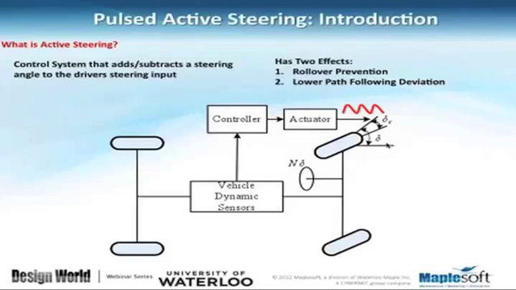With active steering, what we do is change the input of the driver by adding or subtracting some angles from the input of the driver in order to have better yaw control of a vehicle. Now, what we have done was, instead of changing that continuously, we are using a pulsation to the steering angle, similar to ABS. And we have shown that that increases the overall stability of the vehicle.